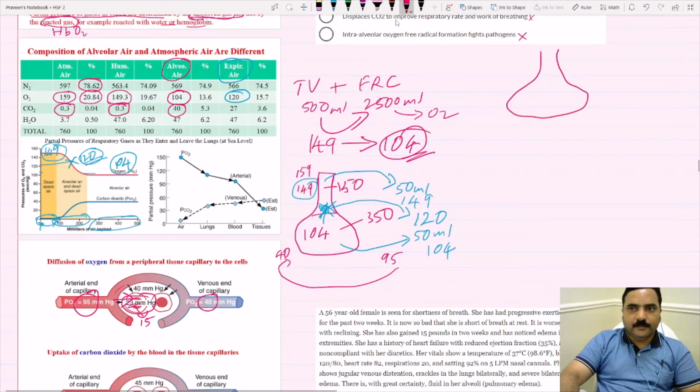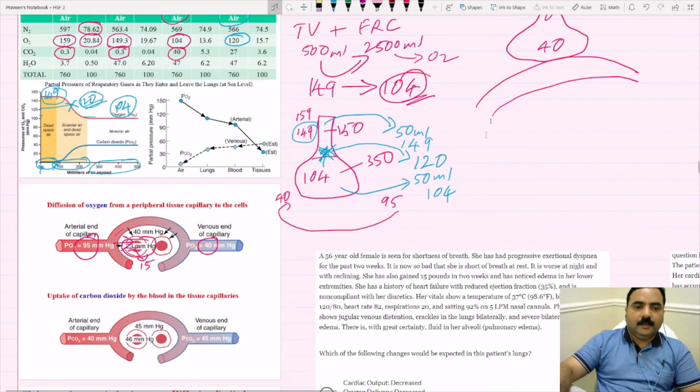Here it's zero, and in the alveoli the carbon dioxide is given. The blood that is coming over here, the pulmonary artery, carrying the systemic venous blood, is bringing carbon dioxide here, which is around 45.